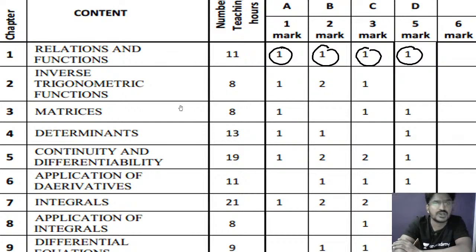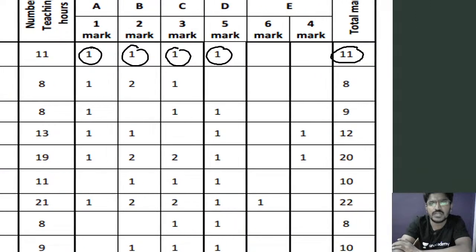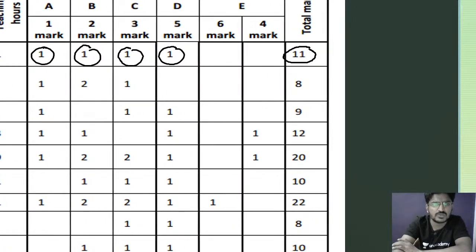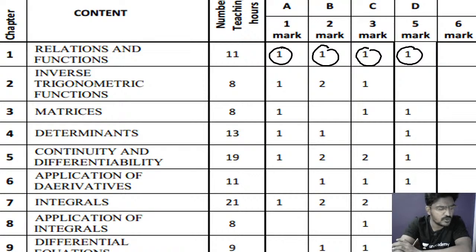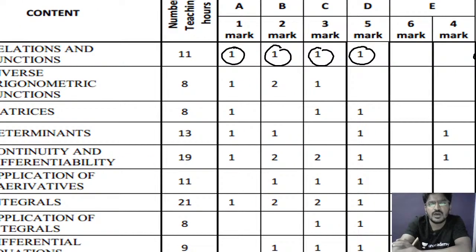From inverse trigonometry, you have 8 marks, where there is 1 question of 1 mark, 2 questions of 2 marks and 1 question of 3 marks. For this year, there will be a reduced syllabus, in which most of the inverse trigonometric topics are already deleted.